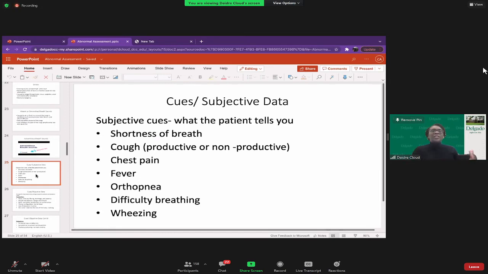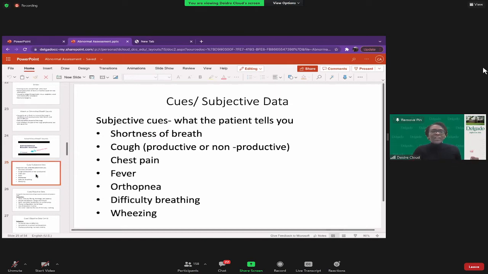So if a patient has CHF, you'll probably be hearing crackles. If a patient has asthma or bronchitis, you'll probably be hearing wheezing. The more you do, the more you'll get accustomed to hearing it. And if it sounds like it's not normal, then get someone else to come listen with you. That's never a problem.